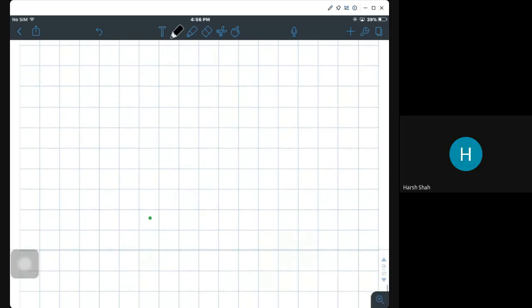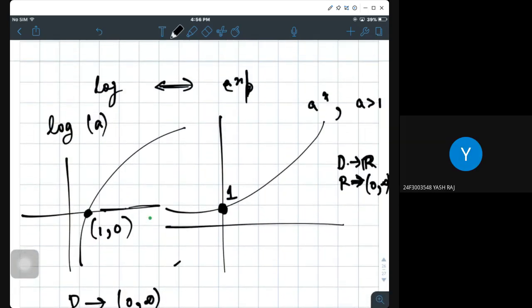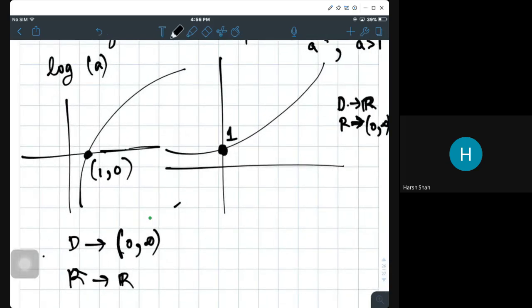Sir, but the domain of this log, sir, one to infinity, right? No. Why? Because log 0 has no value. This is 0, but some quantity greater than 0.